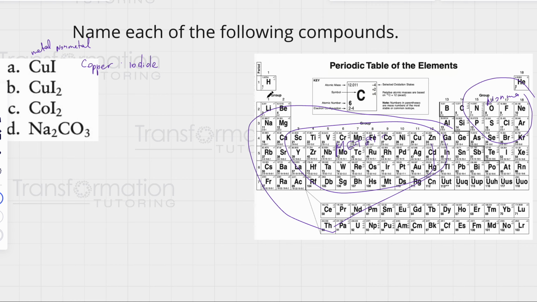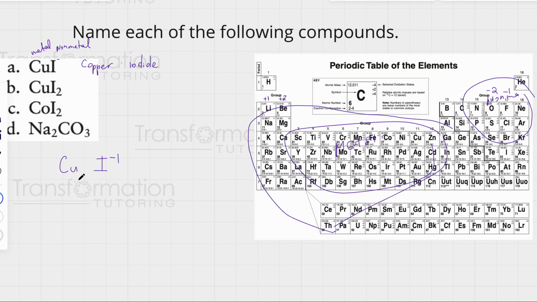We have to remember that group 1 has a +1 charge, group 2 +2, group 17 -1, and so on. Notice that iodine is -1, so iodine has a -1 charge.